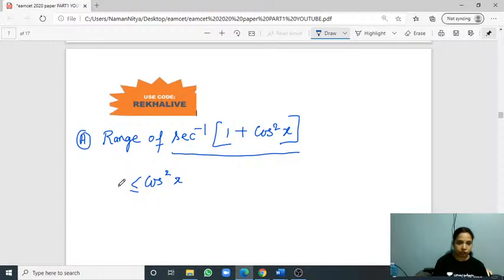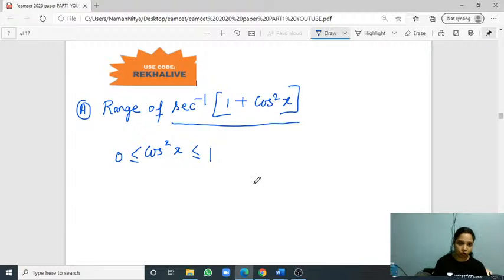The range of cos square x is nothing but 0 to 1. For cos x, it is -1 to 1. But for cos square x, the range is 0 to 1 because we are squaring it.